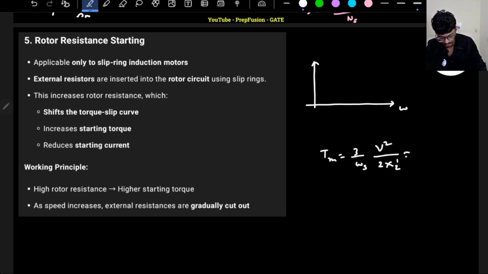So roughly it is constant. If I am changing my rotor resistance, the maximum torque does not change. So initially my graph was somewhat like this: this is my maximum torque, and this is my maximum slip, the initial slip.